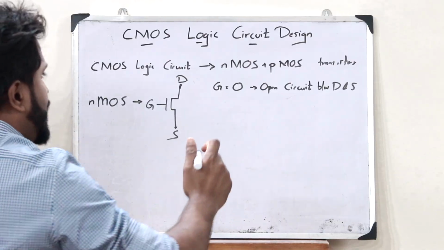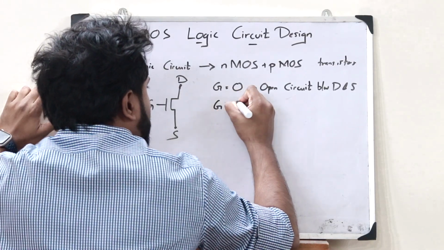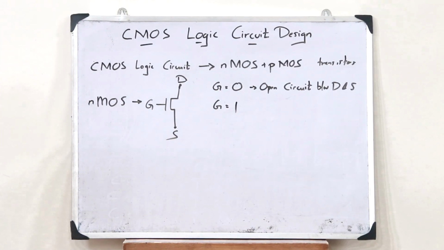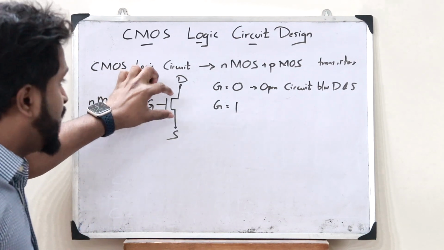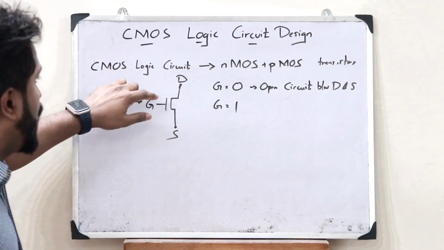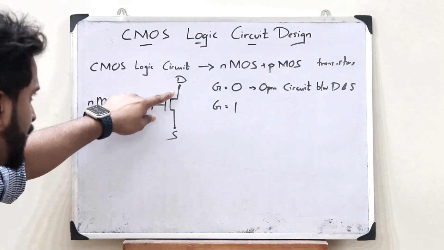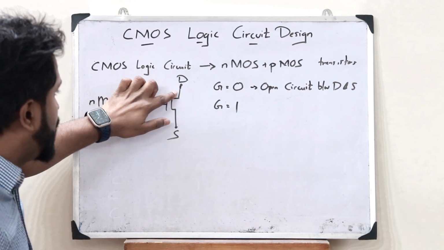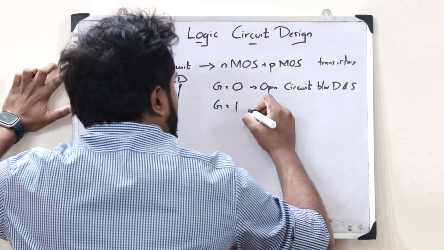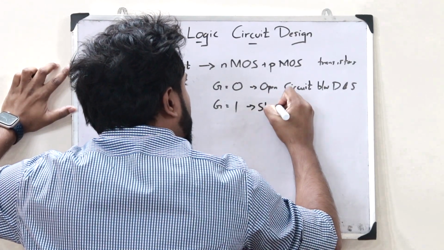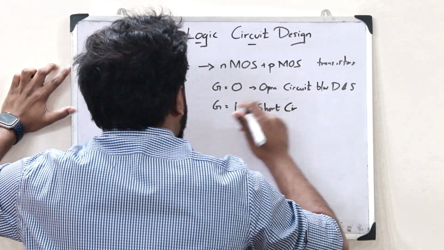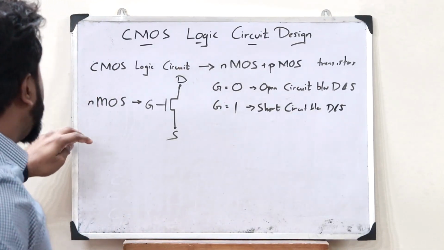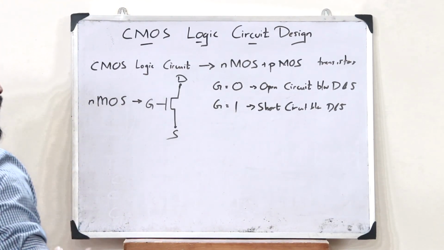But when we give 1 at the gate terminal, this is now in the on condition, and there is a flow of current between the drain and the source, because now it acts as a short circuit between D and S. So this is the case of an NMOS transistor.